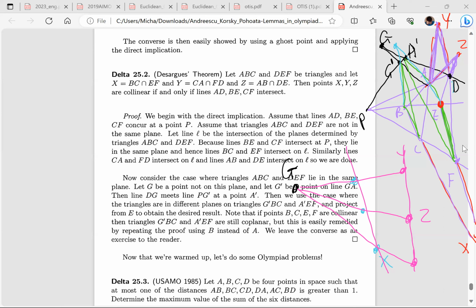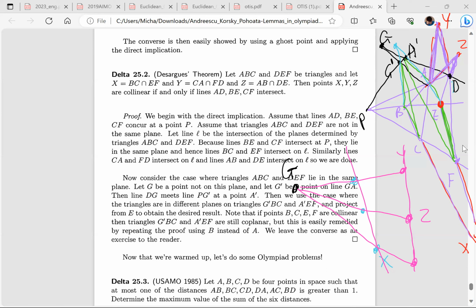Now I'm going to do everything there in black. You define G prime to be any point on GA. And then you define A prime, sorry, not any point on GD, to be the intersection of GD and PG prime. So you've artificially set up a situation where you have perspective triangles through P that are not coplanar.